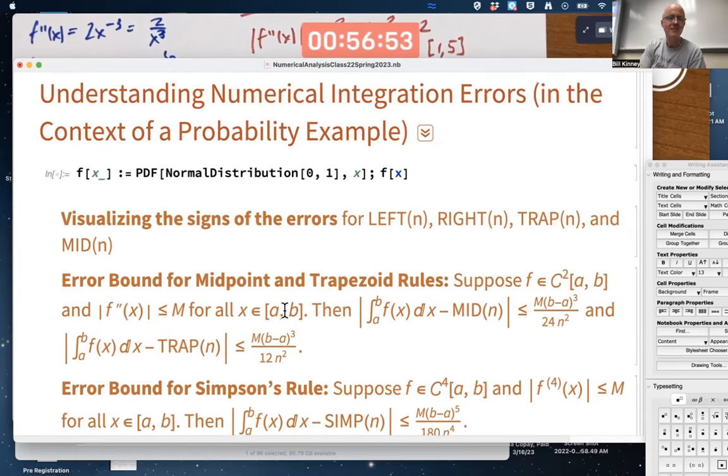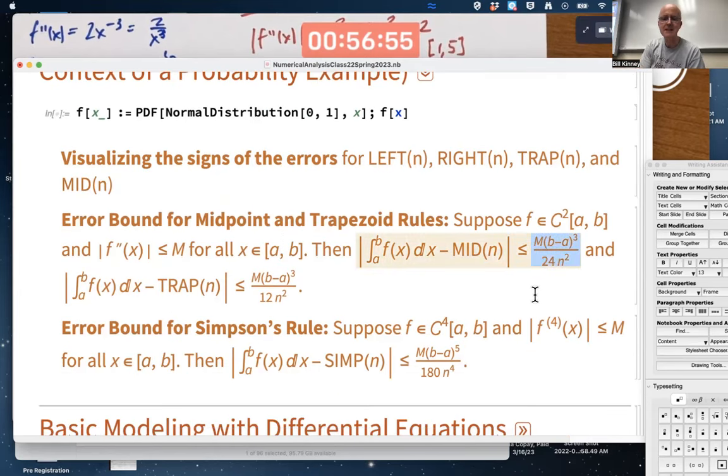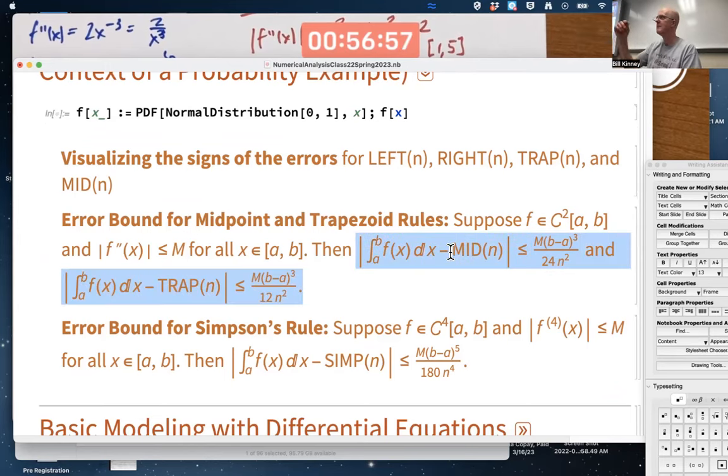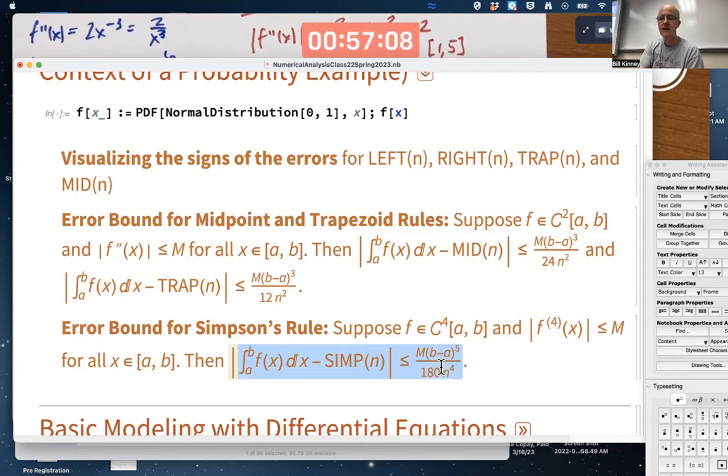If I did that, the fact that I'm dividing by n squared in these two means as n increases by a factor of 3, the errors go down by a factor of 9 for those, 3 squared. And for Simpson's rule, if n keeps increasing by a factor of 3, the errors keep decreasing by a factor of 81, 3 to the 4th. So there's nothing special about increasing by a factor of 10. It's just easier to think about.